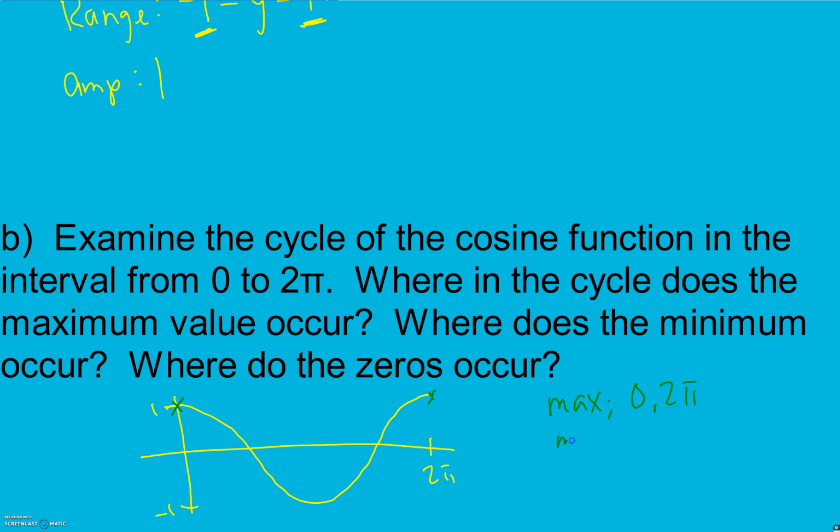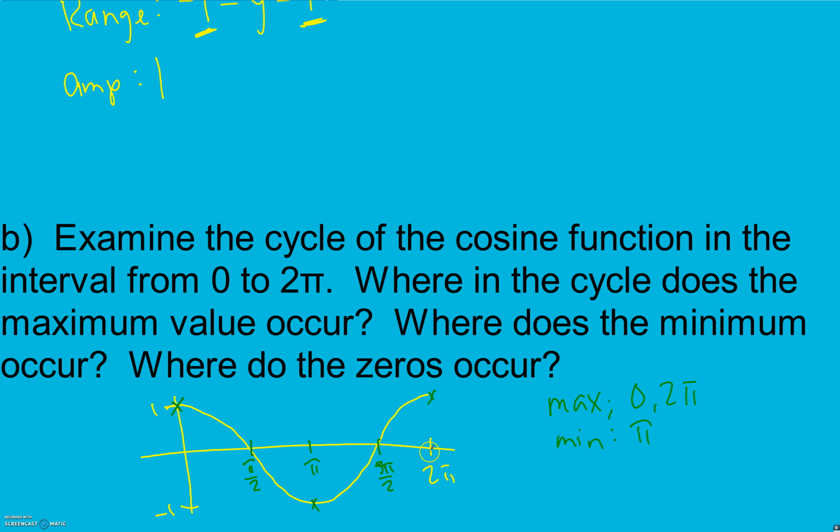The minimum is halfway through at pi. And the zeros are pi over 2 and 3 pi over 2.